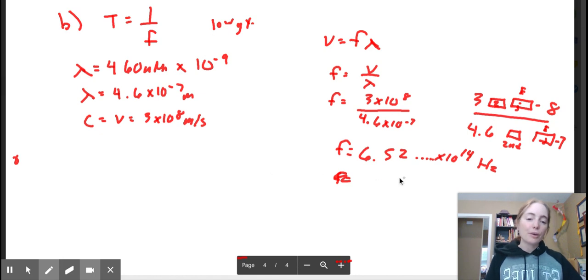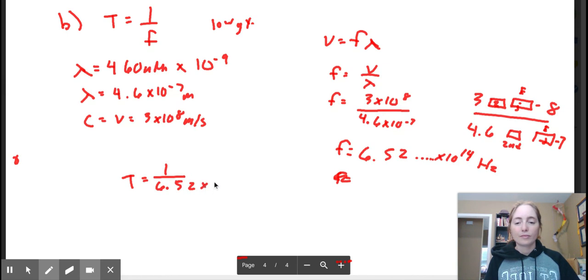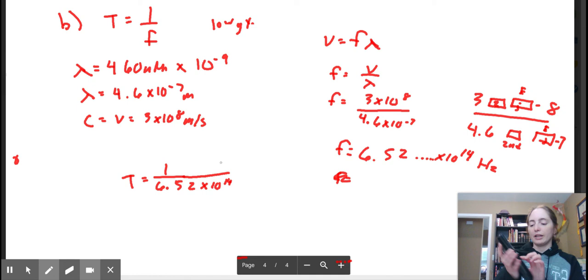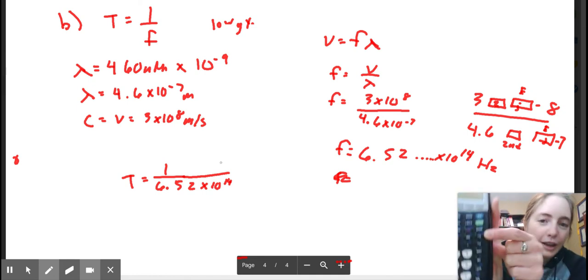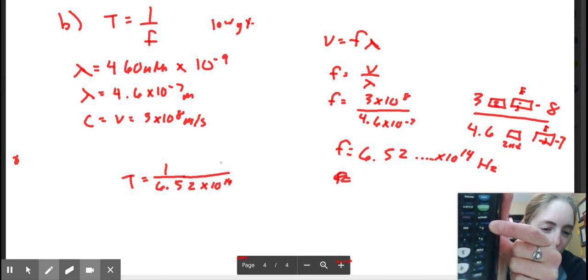So now we have our frequency, and now we're just going to take the inverse of that, and that's going to get the period. Using all the numbers in your calculator, I'll show you a shortcut actually. You guys see this button here, that x to the power of -1 button?